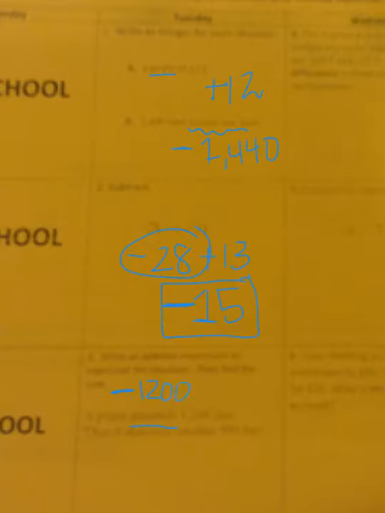And when it says then it descends another 500 feet, we are going to add a negative 500 because it wanted us to write an addition expression. So now looking at my signs, they are the same, so I'm going to keep my sign and add. And so the answer is negative 1,700 feet.